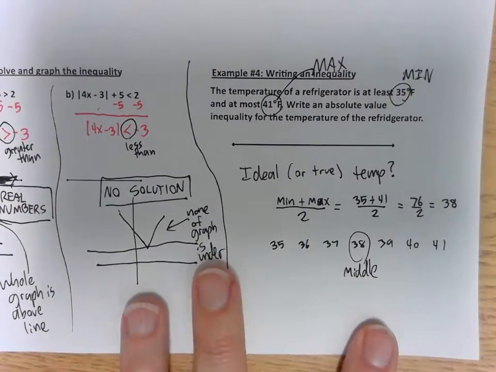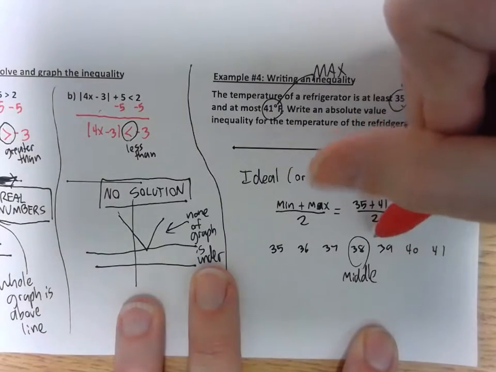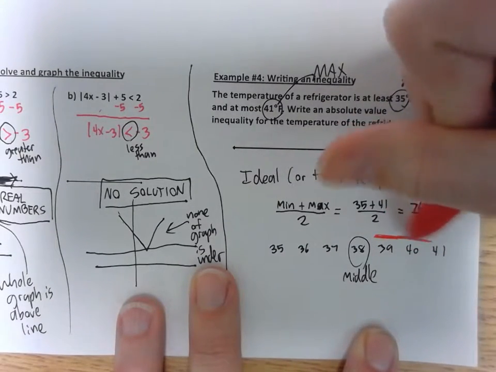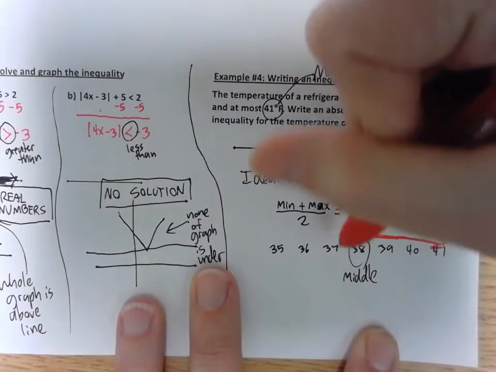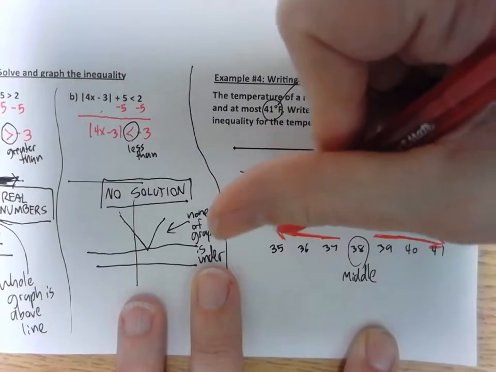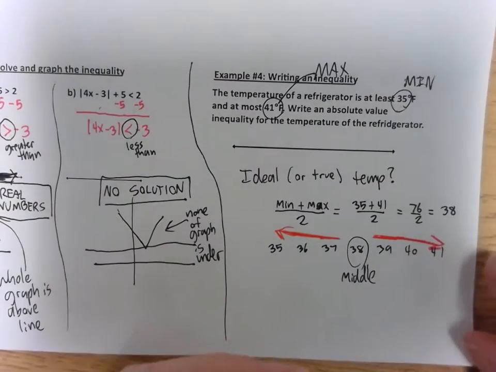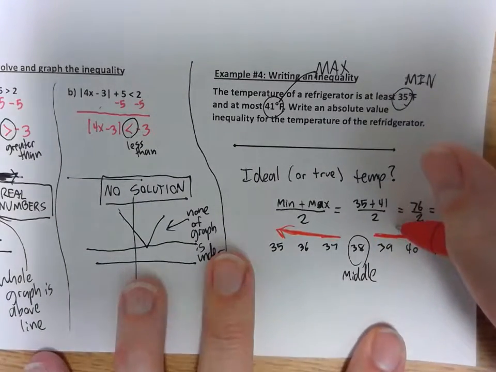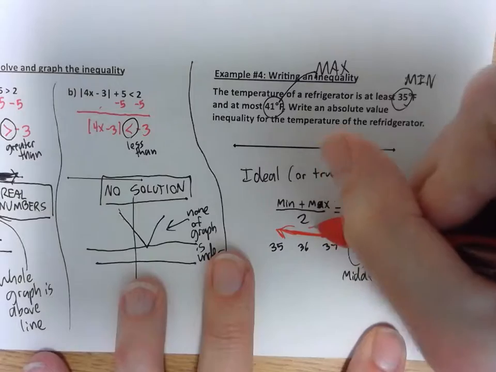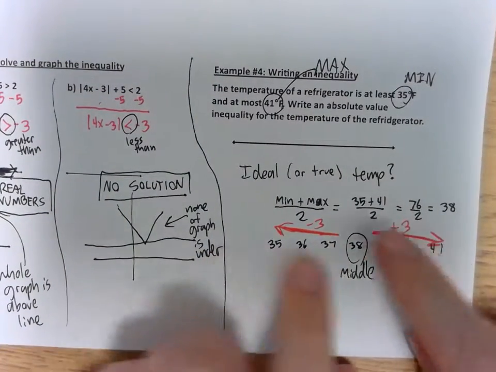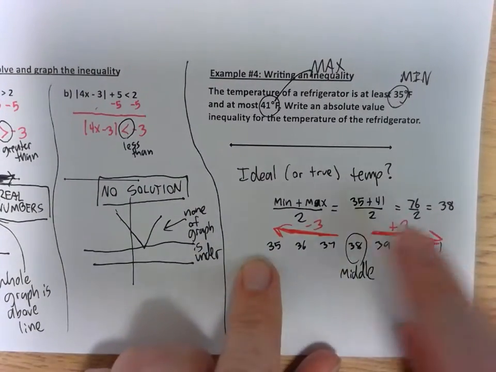I want to know how much wiggle room I have. I can go how many above and how many below and still be within that comfortable range, right? Well, I can go 3 above and 3 below. So I'm 3 units apart from 41 or 35.